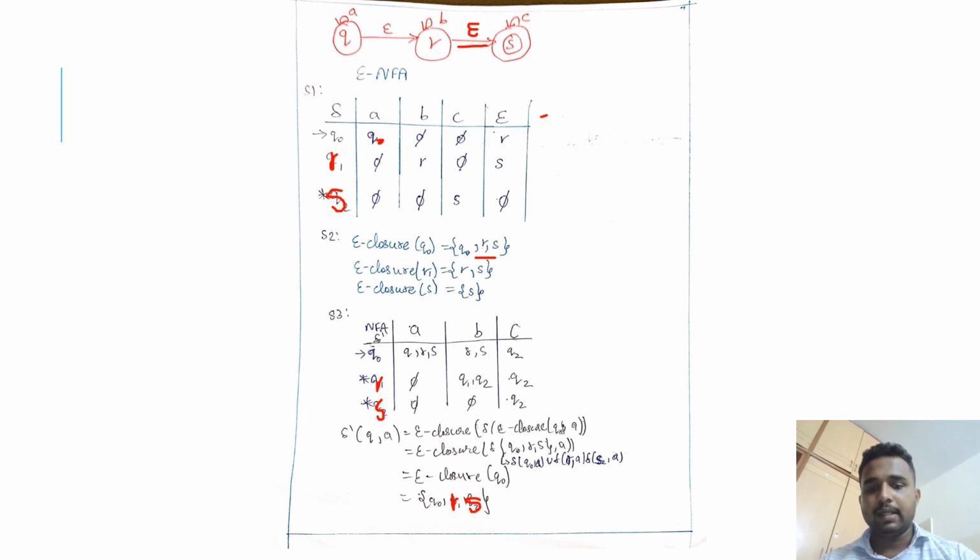Fourth, updating transitions. Update the transitions of the minimized DFA according to the merged states. Fifth, the final DFA. Construct the final minimized DFA using the merged states and updated transitions. Sixth, optimization. Optionally perform further optimization such as removing unreachable states or redundant transitions to improve the efficiency of the minimized DFA.